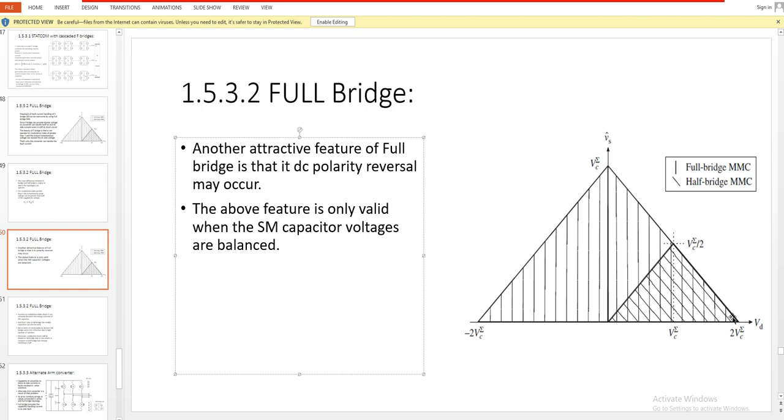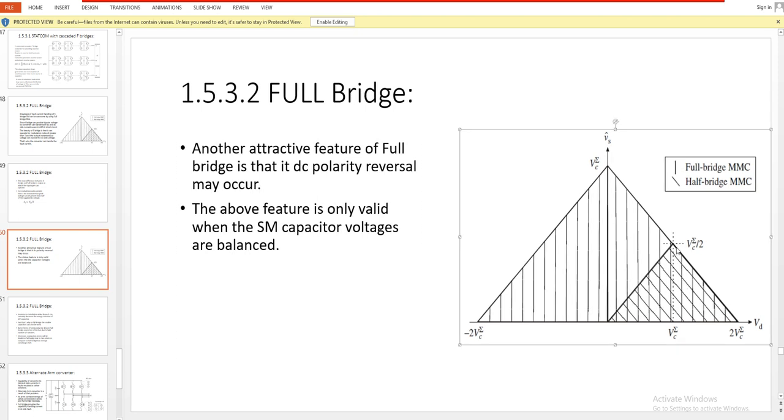You can see in this particular diagram that you can basically get half of the instantaneous capacitor voltage. Why? Because unipolar voltage is available in the half bridge submodule topology. But in the case of the full bridge submodule topology, you are basically getting plus VC, 0 and minus VC. So the overall voltage becomes VC.